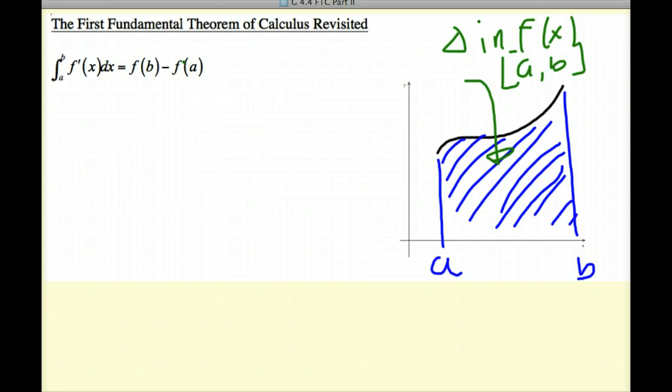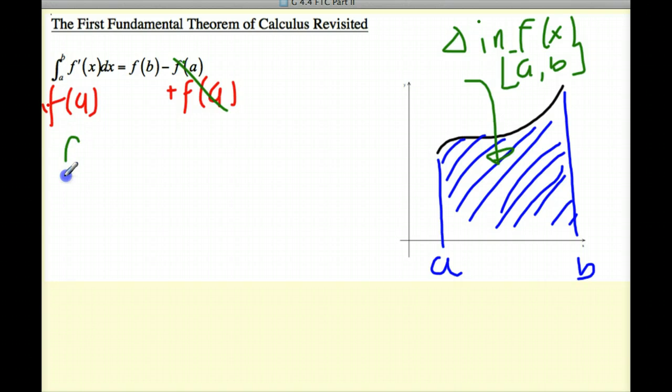So if I wanted to do some algebra, I would be allowed to add an f of a on this side and an f of a on this side, right? By algebra, aren't I allowed to add an f of a here and an f of a on that side? Well, if I rewrite this, I notice these f of a's cancel, and I'm going to flip everything around.